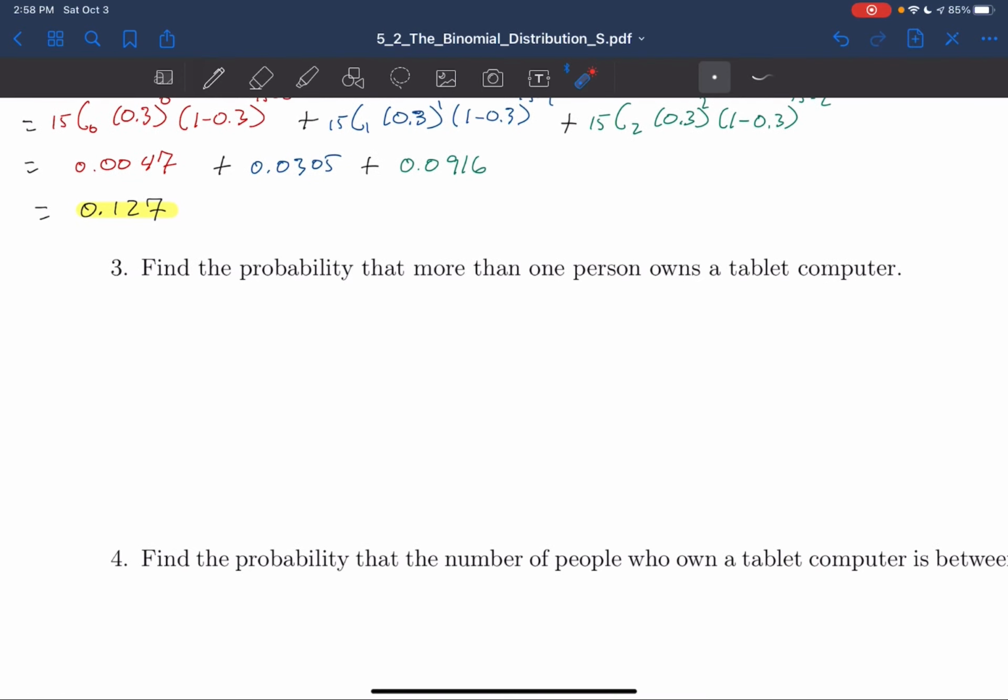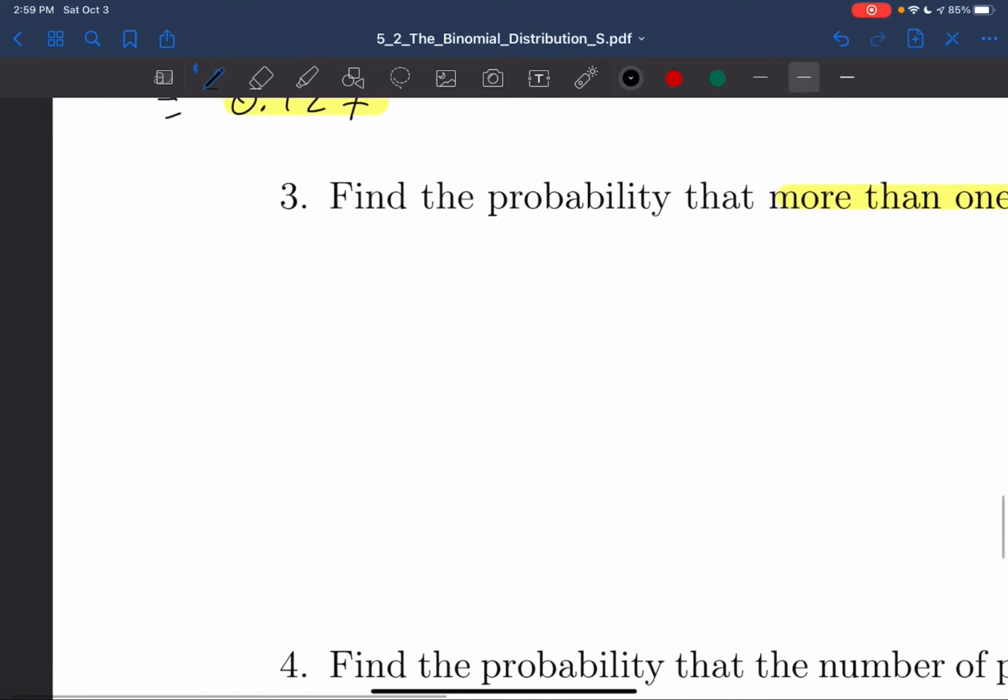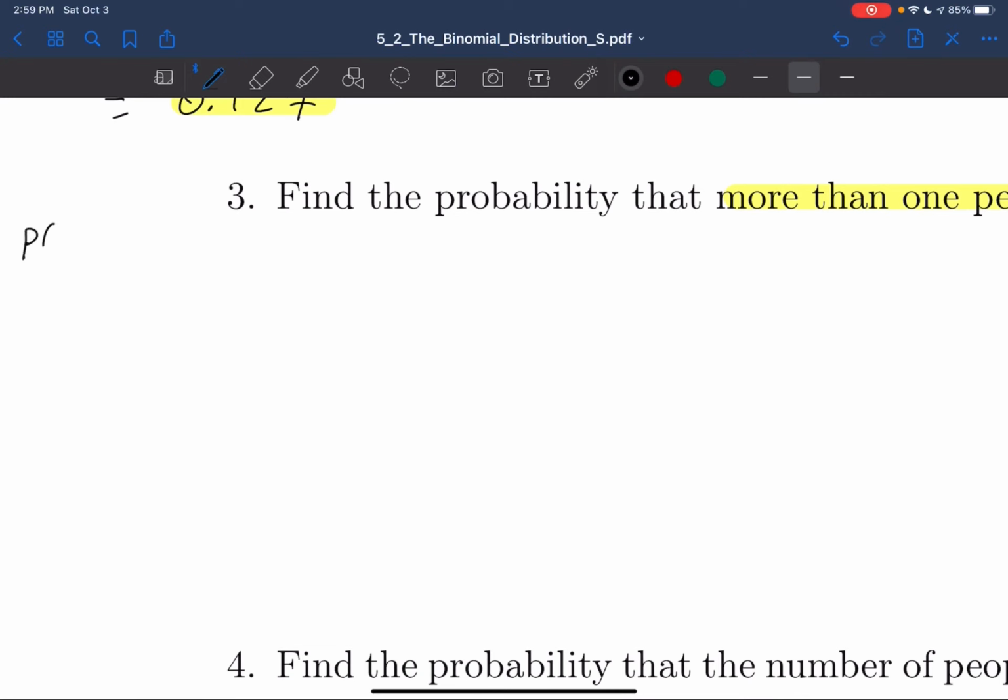How about this one? This one's a little bit tricky. You want to find the probability that more than 1 person owns some sort of tablet. So what does more than 1 person mean? Let's put this in words. The probability that more than 1 person.